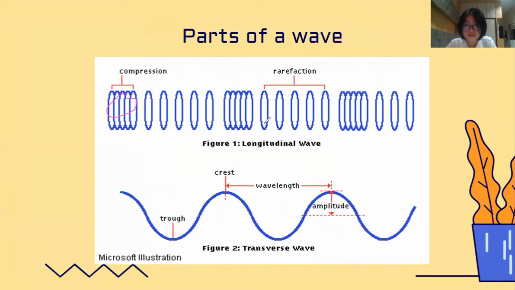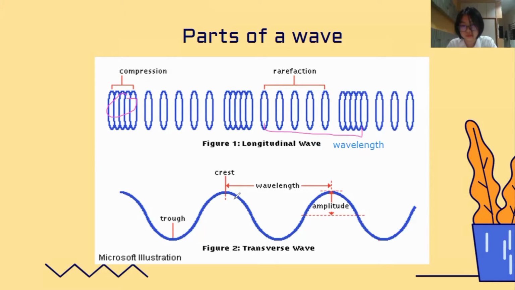The rarefaction and compression will make one wavelength. And that's for the longitudinal wave.